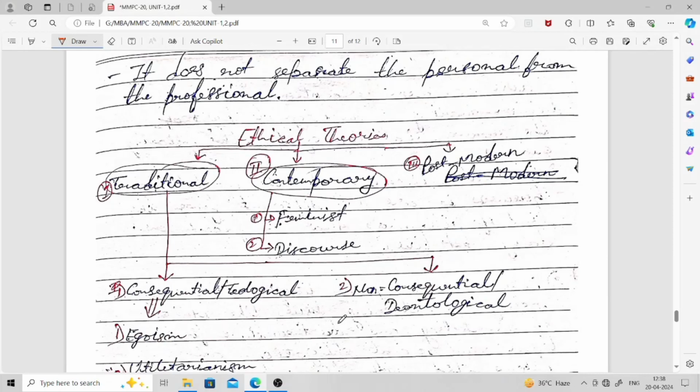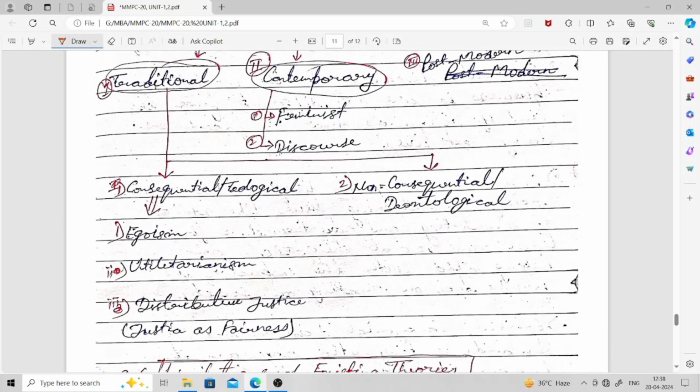So here the ethical theories are given. Ethical theories can be categorized into three: traditional, contemporary and postmodern. Under traditional, we studied consequential or teleological theories, and under this we studied egoism, utilitarianism and distributive justice, that is, justice as fairness, which means equitable justice.